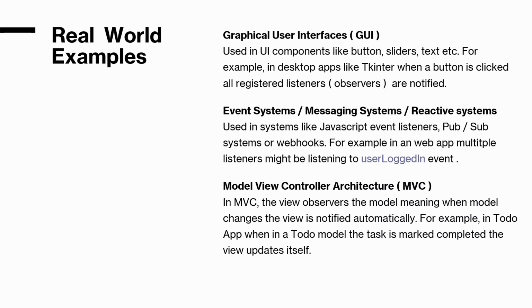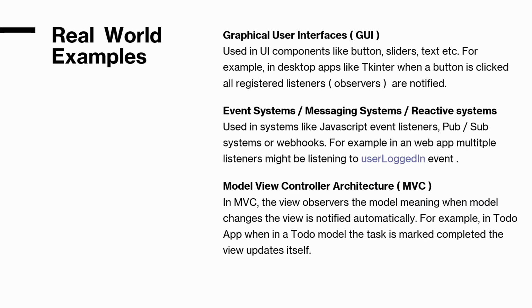For example, whenever a pull request is made on GitHub, you can send a message on your Slack channel so that others are notified about it. As another example, in some web app, we can have multiple listeners that are listening for the user logged in event. Once the user is logged in, this event is emitted and some logic that was listening for this particular event gets executed.